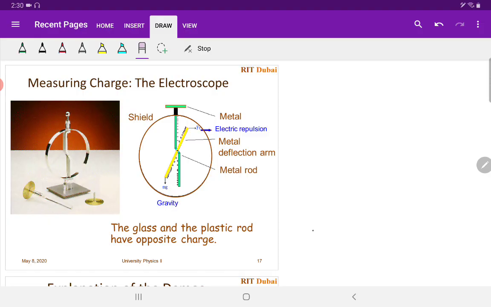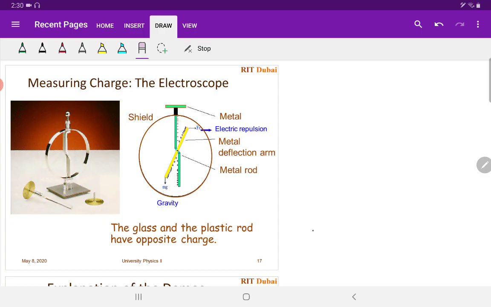And we know that the positive charge is concentrated at the nucleus, and it's not an option to move a proton from the nucleus. That's why we say the electrons are the particles that have the ability to move from one atom to another atom.